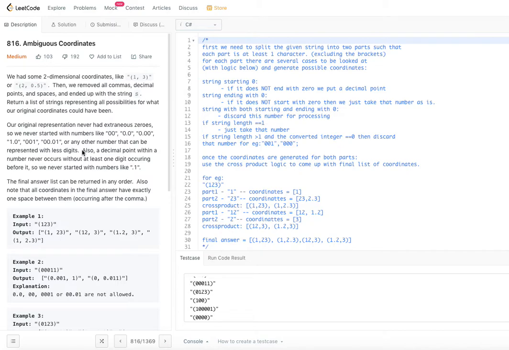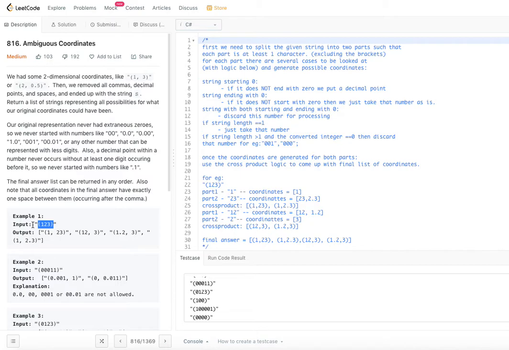So basically, if we go look at the example, this is the given thing. So input is (123) within the brackets, right? Since we are returning the coordinates, we could divide 123 at several places. It could be 1, 23 or it could be 12, 3. So those are the first divisions.